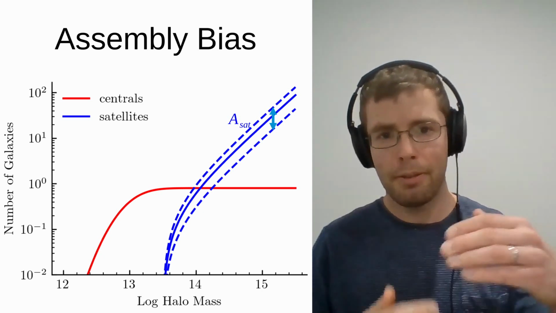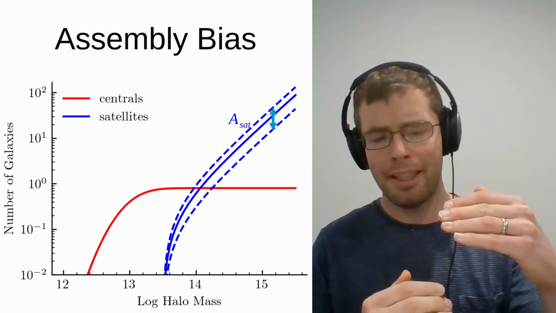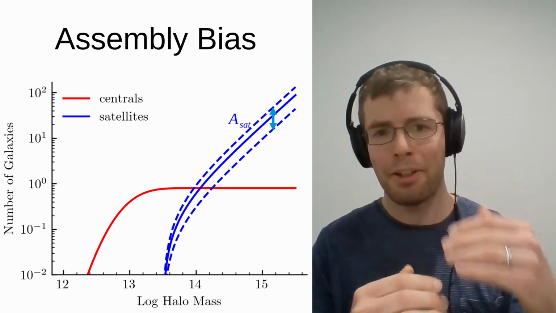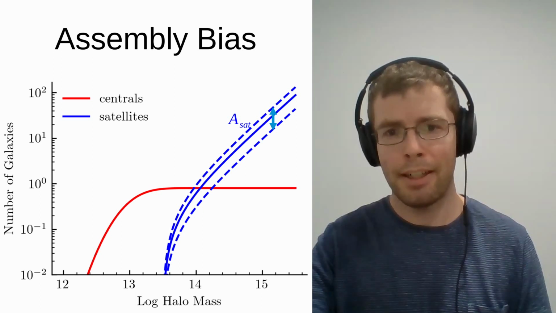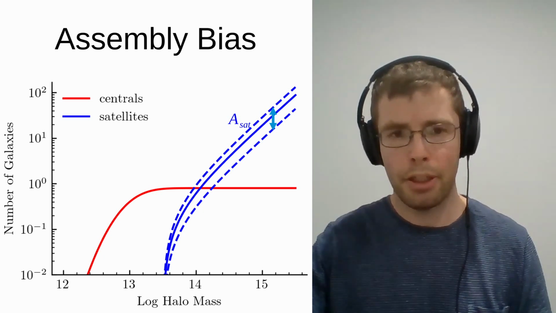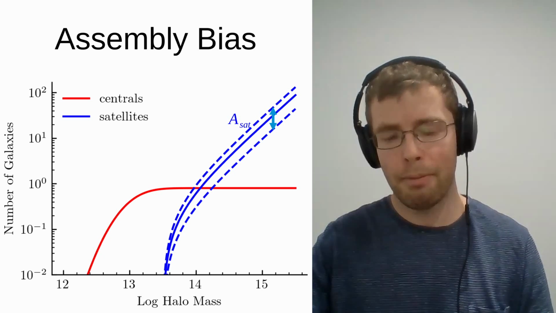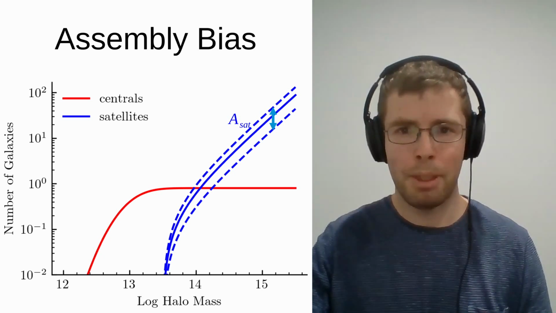The spread between the low and high concentration halos are two additional free parameters, ASEN and ASET, in this parameterization. And so thereby we also marginalize over galaxy assembly bias.